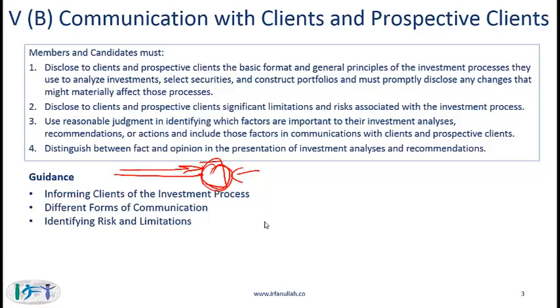You also need to make clear that if this particular investment is heavily correlated with the market, then the risk of the investment going down when the market goes down is also high. So the limitations and the risks associated with the investment and the process need to be clearly outlined.